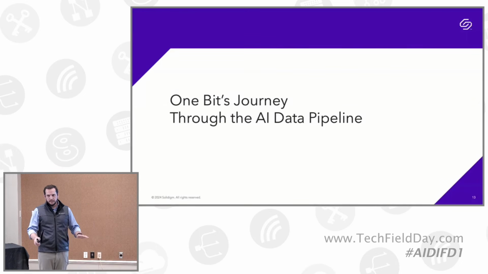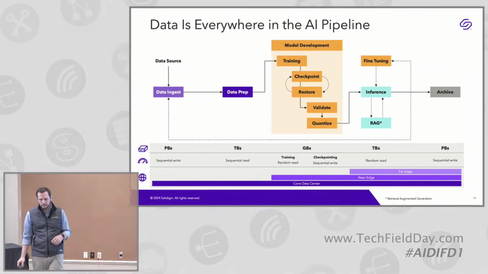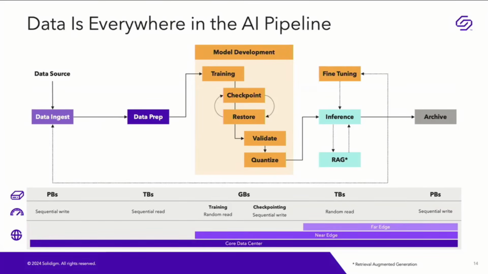Okay, so we've set the scene a little bit. Let's talk about the AI data pipeline, and let's do that by following a bit of data as it moves through the pipeline. If you joined us in April, you saw an earlier version of this. I'm assuming it's new to many folks, so I'm going to talk through it briefly, address each stage along the way, and then there's some information in the table on the bottom that I want to make sure we discuss as well.